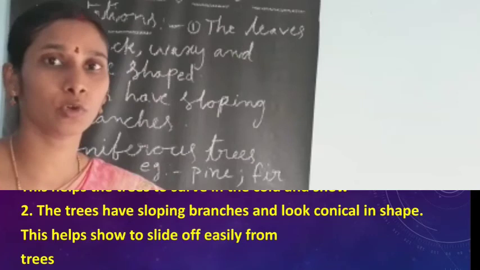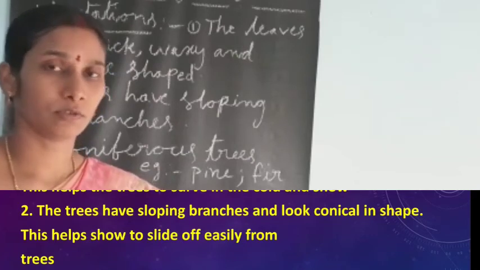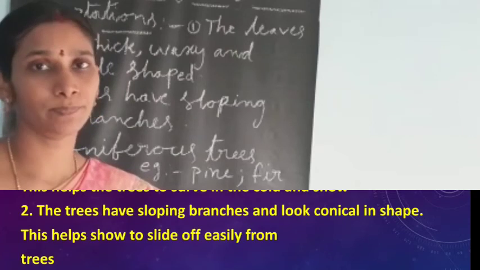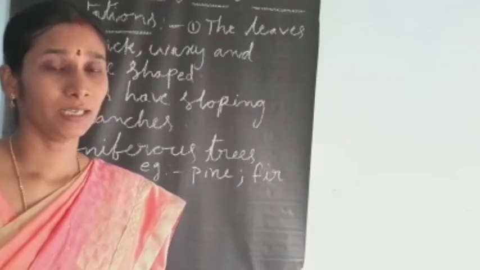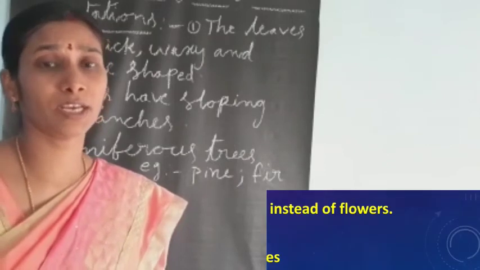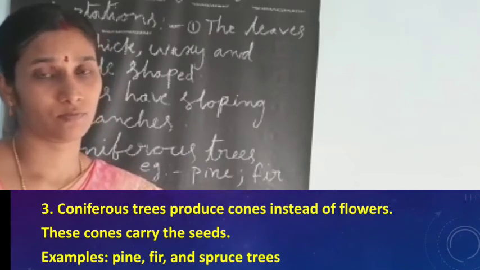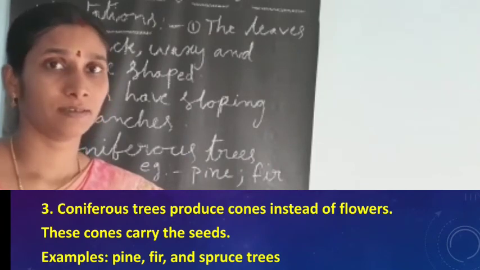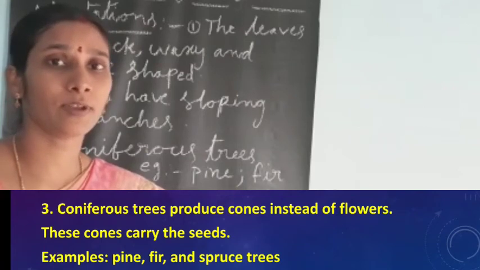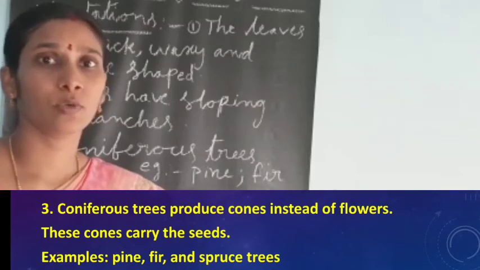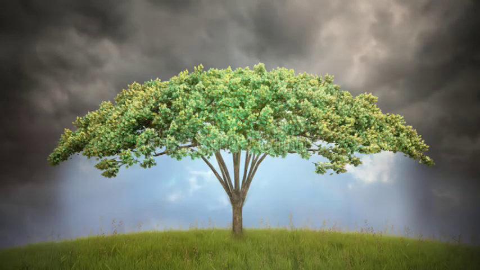Why do they have a cone shape? To slide off the snow easily. Next, coniferous trees. Mainly coniferous trees can be observed in these hilly regions. What is meant by coniferous trees? Trees that produce cones instead of flowers are known as coniferous trees. This is about plants that grow in hilly regions.